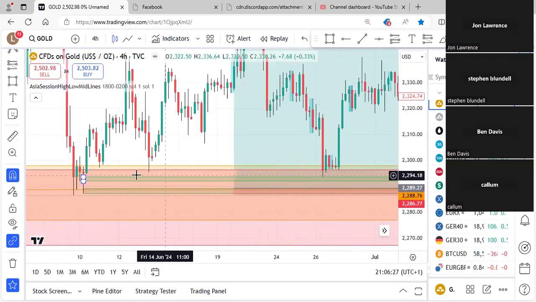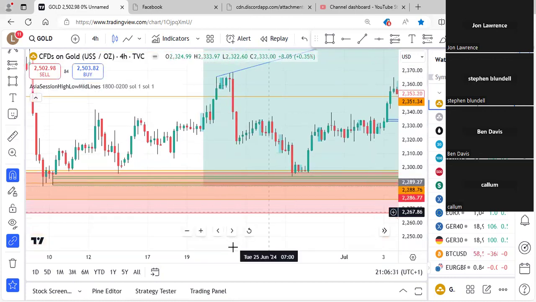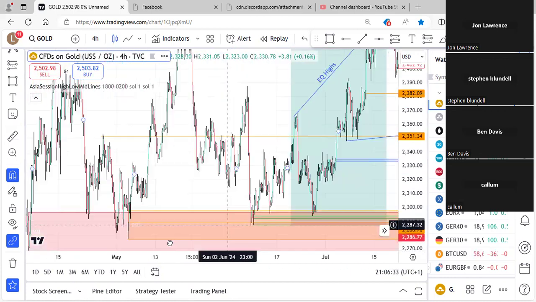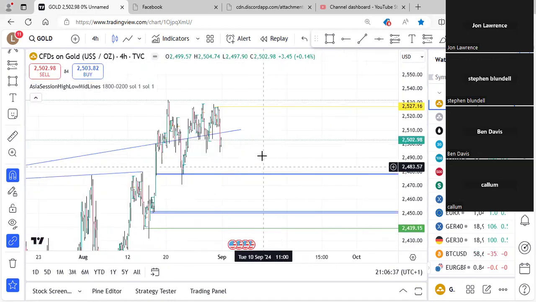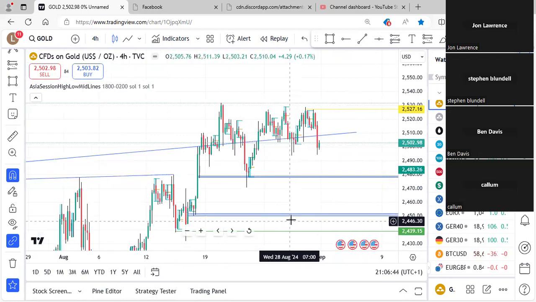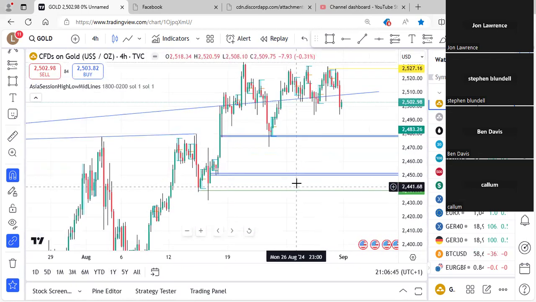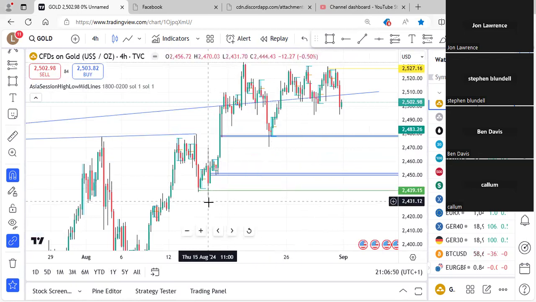So I've been waiting for it to. Obviously, I've been trying to catch that sell for bloody ages. It's been doing my head in. I want it to come down to the 2432 area. You see the. Well, hang on a minute. I think you said around this low here.